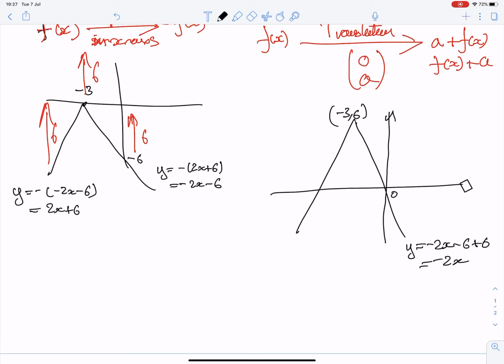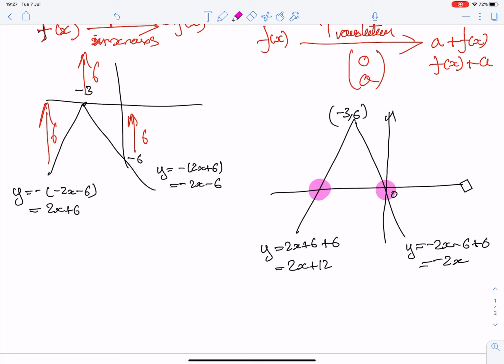And here we've got y equals 2x plus 6, and we're also adding 6 to that, so we get y equals 2x plus 12. So we've got the equation of each line, the point of intersection with the vertex, the highest point, -3, 6. We've also got one of the intercepts.